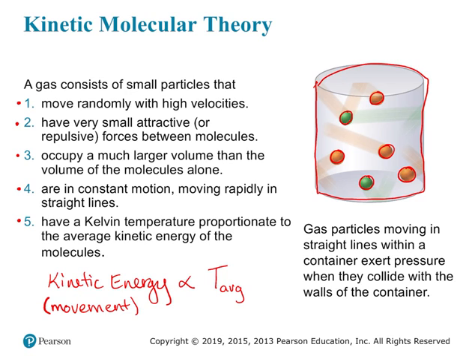So number 3 might not always be true. It just depends on the gas. And then in number 2, we said that gas particles have very little attraction for each other or repulsion. But some gases can react with each other. It just kind of depends on what gases you're looking at.